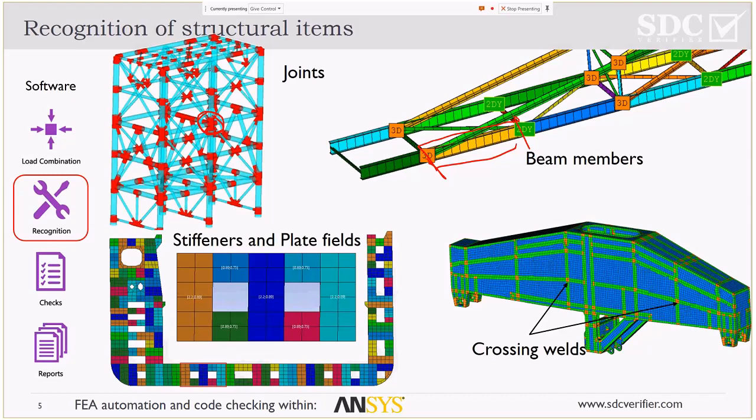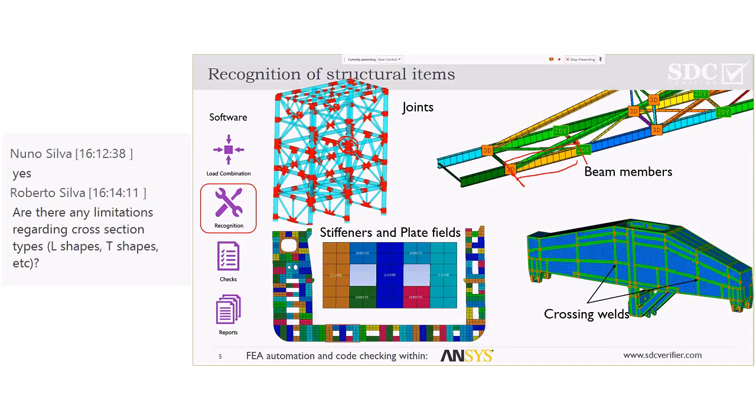For stiffeners and plate fields, we do basically the same thing. We find in your model all your plates, all your stiffeners and all your panels, and then you can do checks based on that. Besides this recognition, there is, under the hood, so to speak, also something else, and we automatically transfer the stresses according to the problem you have.